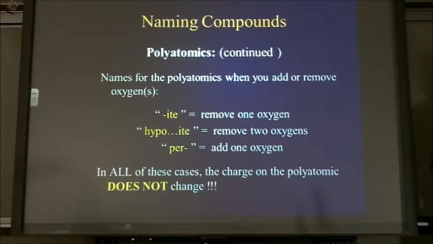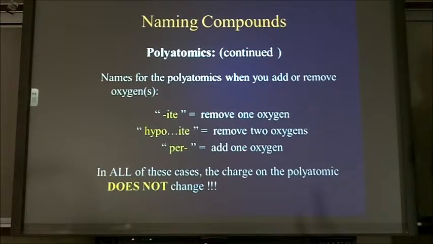Remember that when you do something to this, the charges do not change. The charges don't change when you add or remove an oxygen to a poly. With normal compounds, the charge will change.